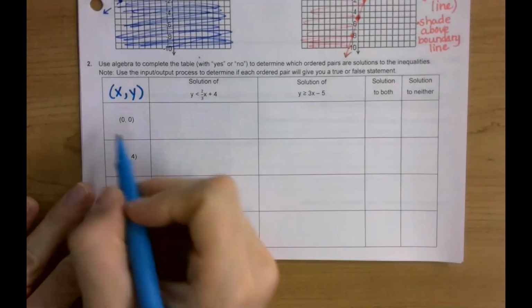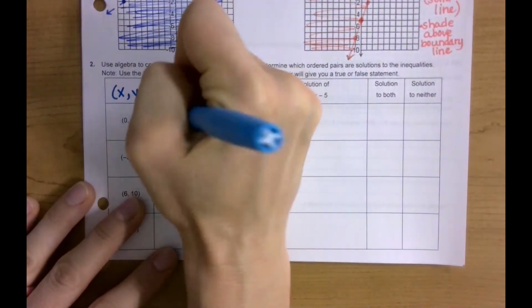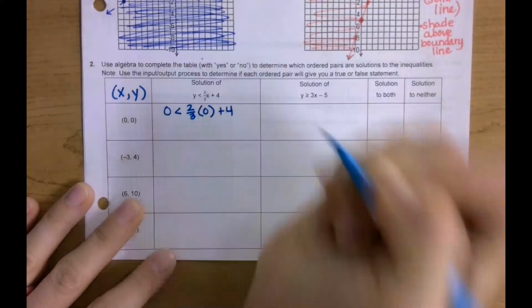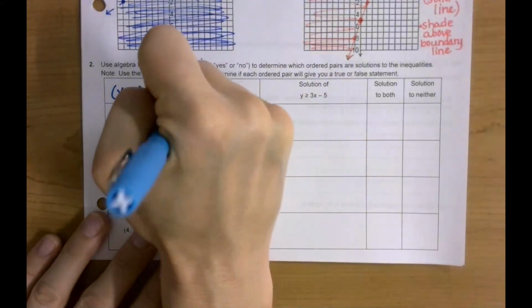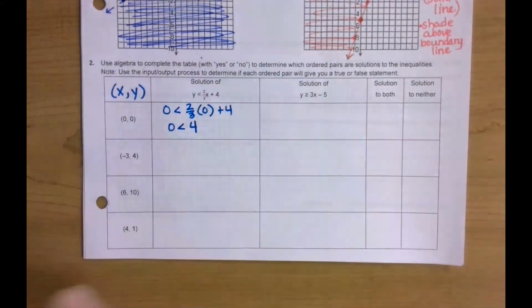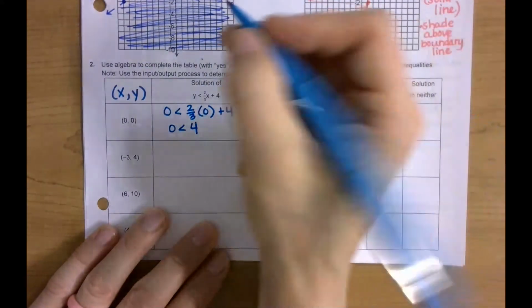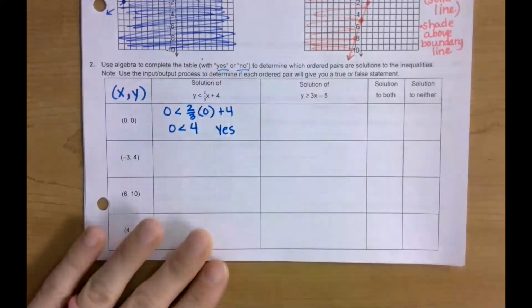So if x is 0 and y is 0, we just plug it in. 0 is less than 2/3 times 0 plus 4, and then you just solve it. 2/3 times 0 equals 0. 0 is less than 4. That is true, so we could put true or yes. It does say yes or no, so let's put yes.